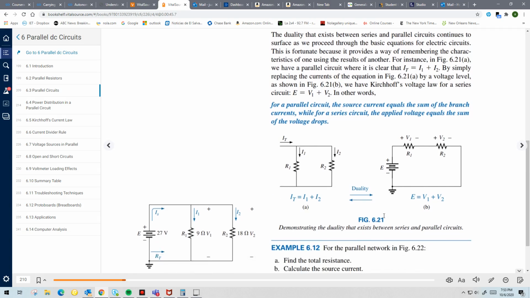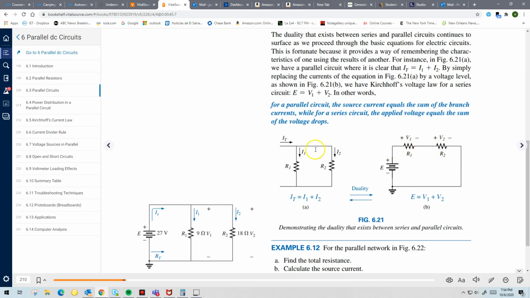And again, this reminds you of what I mentioned a few minutes ago: for parallel connected circuits, the source current equals the sum of the branch currents. These are called the branch currents. While for a series connected circuit, the applied voltage is the sum of the voltage drops. So in a series connected circuit, it is the voltage that splits, but the current is the same.